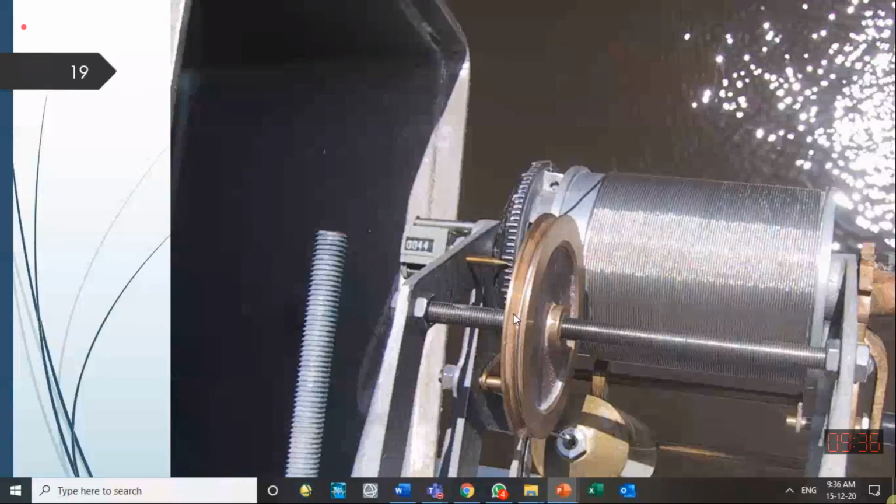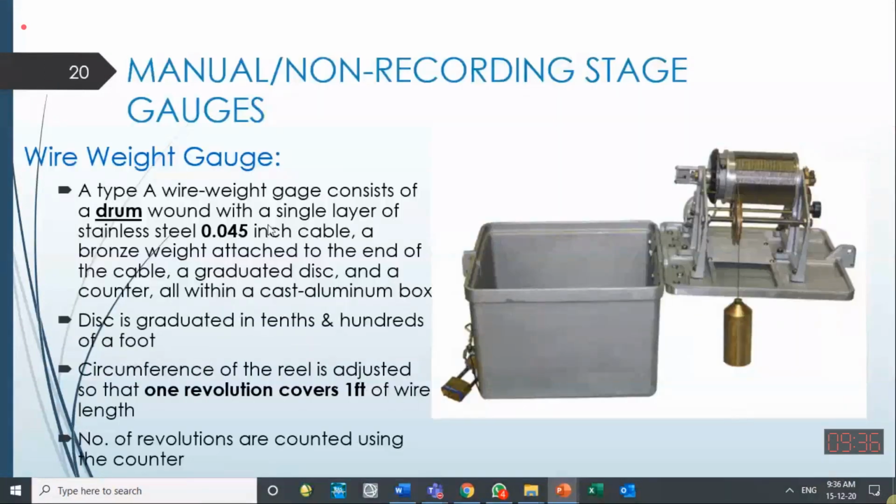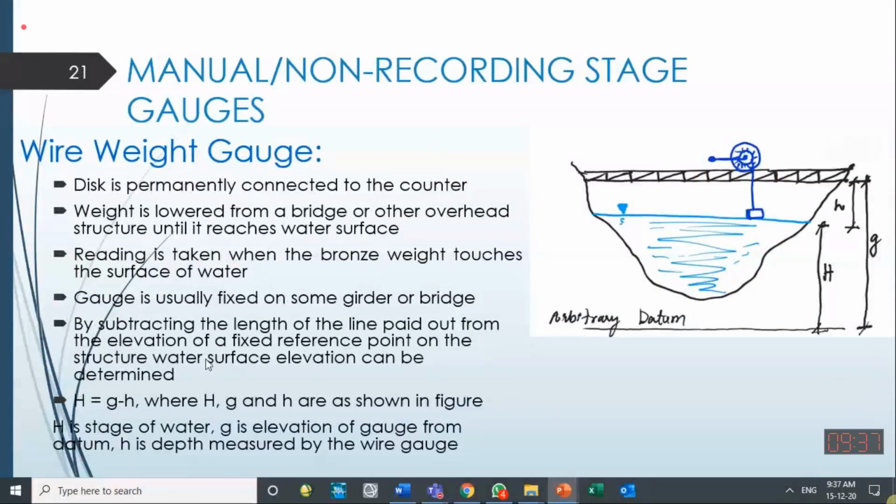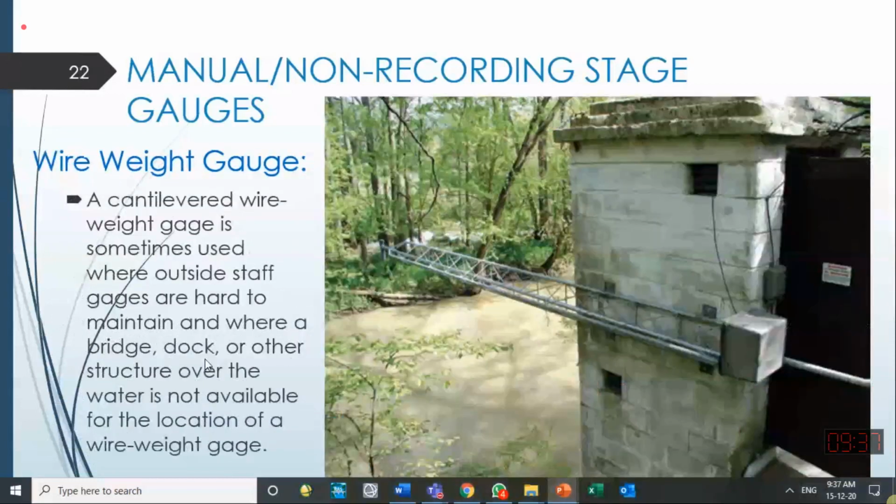For that purpose, this wheel is moving left to right, so that there should be a constant length of wire for one round of the drum. Usually the wire thickness is very thin. A 0.045 inch cable is used to suspend the weight. One revolution covers 1 foot of the wire, and that is it about the wire weight gauge.